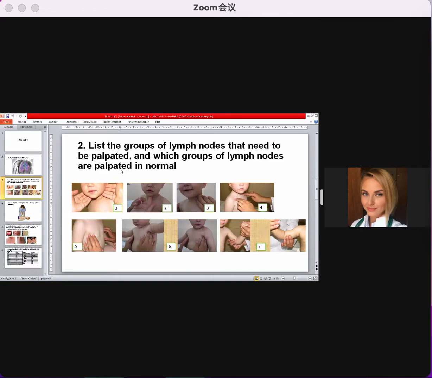Okay, that's right. At this slide that we can see on our monitor, the question is, which groups of lymph nodes are palpated in normal among these 7 groups? What do you think?